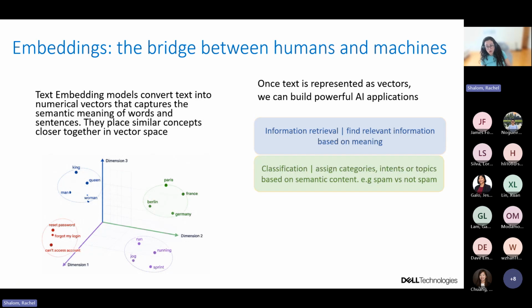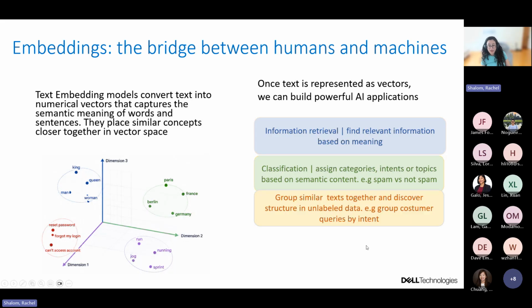Classification, where you assign categories or intent on topics based on semantic context, is the second thing. One example would be when you want to categorize your incoming emails; spam or not spam is a naive example.